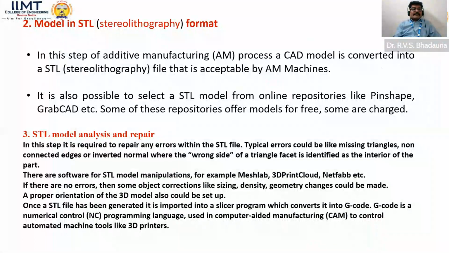Now we will discuss stereolithography. The abbreviation of stereolithography is STL, the modeling in STL format. In this step of AM, not amplitude modulation, this is the additive manufacturing process, the CAD model is converted to an STL file that is acceptable by AM machines.